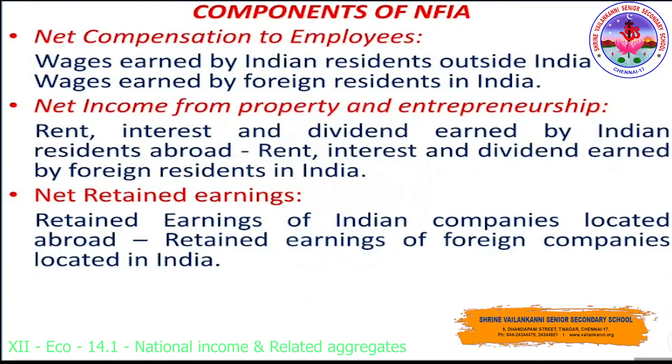Net retained earnings: retained earnings of Indian companies located abroad minus retained earnings of foreign companies located in India. So these are the three main components of net factor income from abroad.